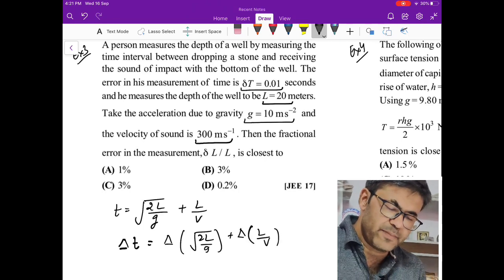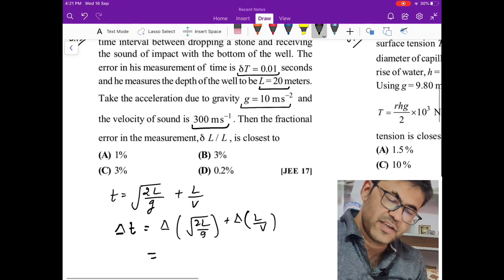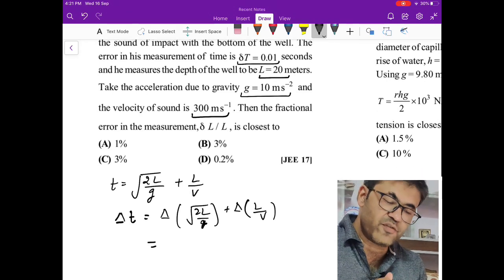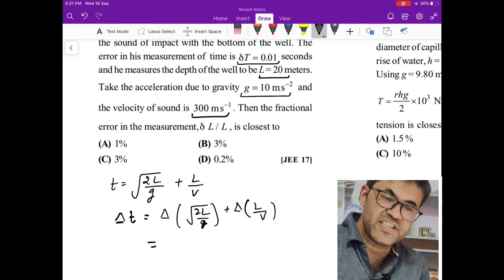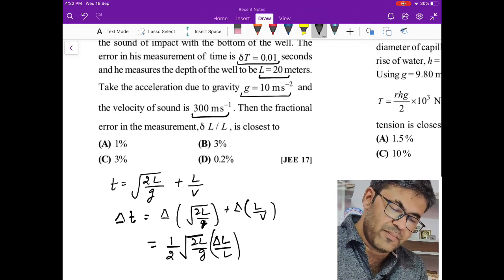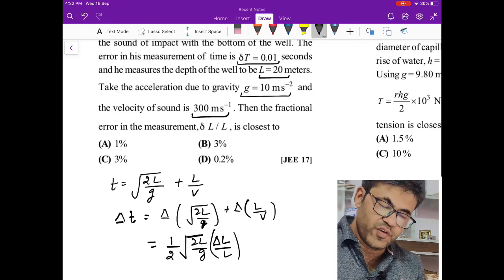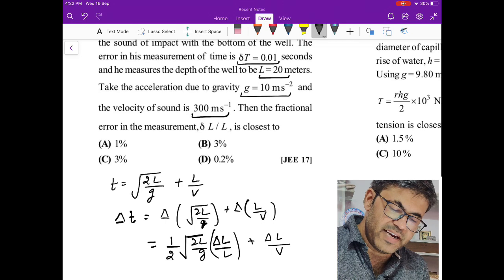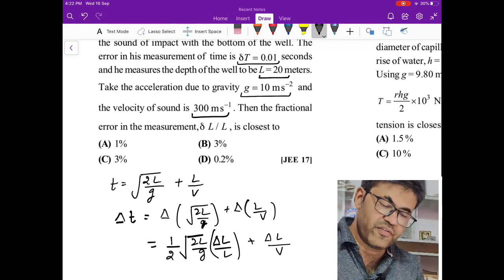If we do the differentiation for finding this error, this quantity comes out as 1 by 2 root of 2L by g into delta L by L. And for the other term it is simply delta L by v that you can write.